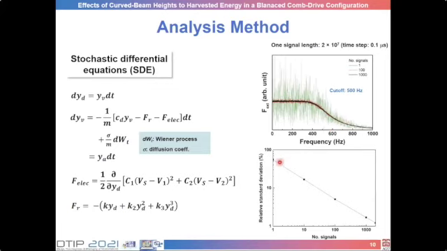Quantitatively, we can look at the standard deviation as a function of the number of signals, and the standard deviation decreases exponentially with the number of signals. Eventually, we used 2,000 signals and took the average.